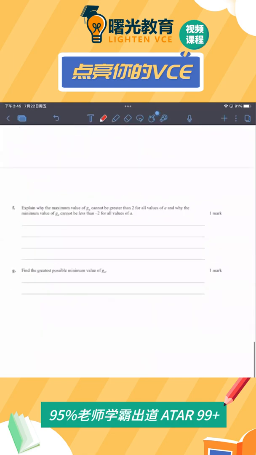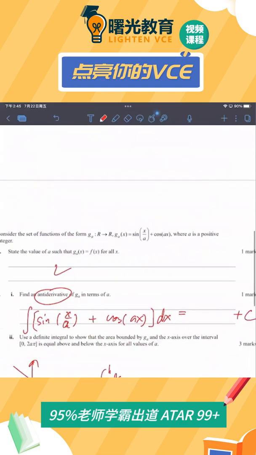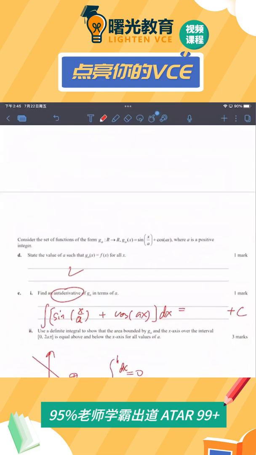Now, last bit. Explain why the maximum value of g_a cannot be greater than 2 for all values of a, and why the minimum value of g_a cannot be less than -2 for all values of a. Look at here. Can anyone see what the components of the function g_a are?